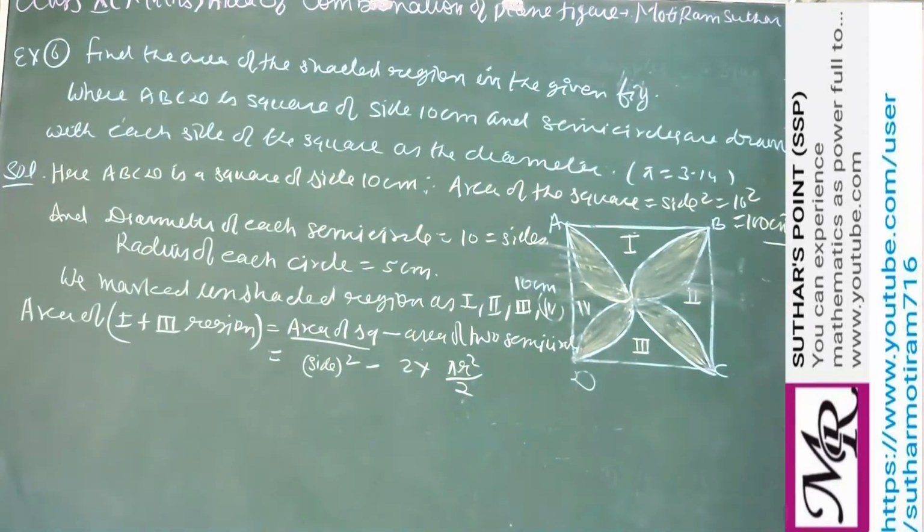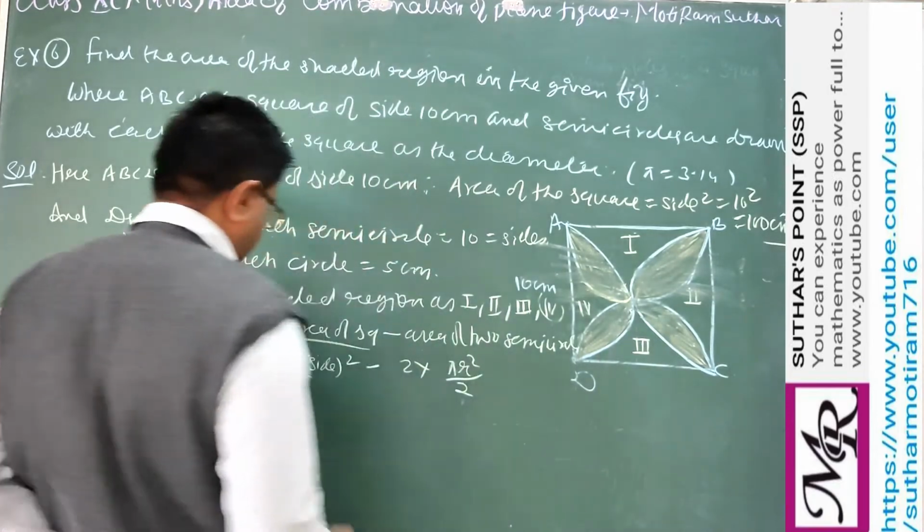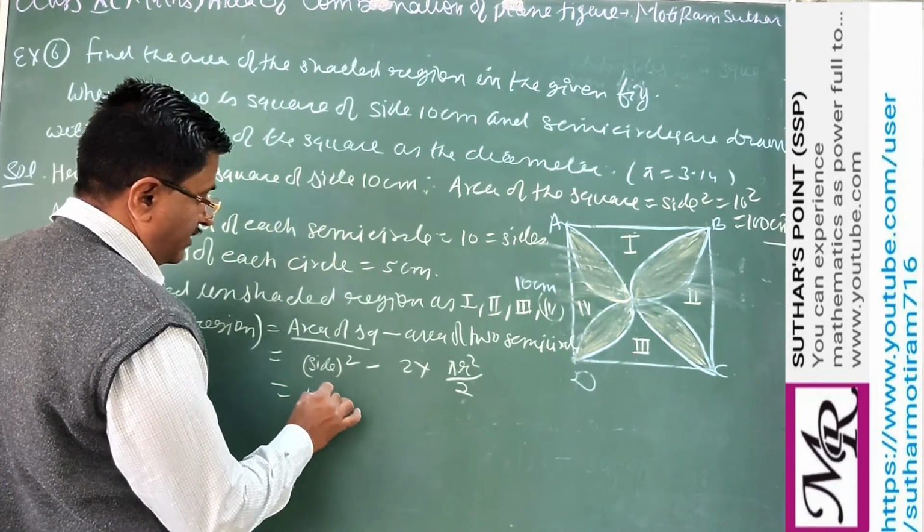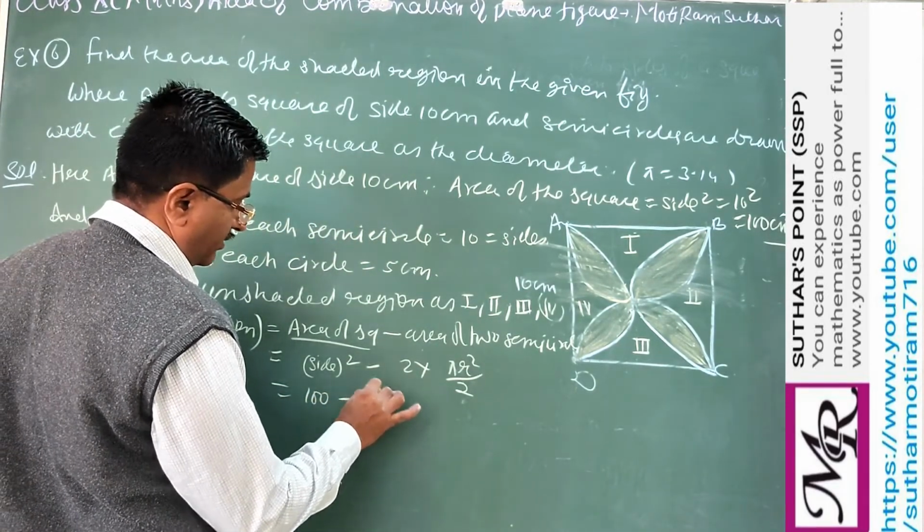Clear? So see here, the square is 100 minus pi r square.